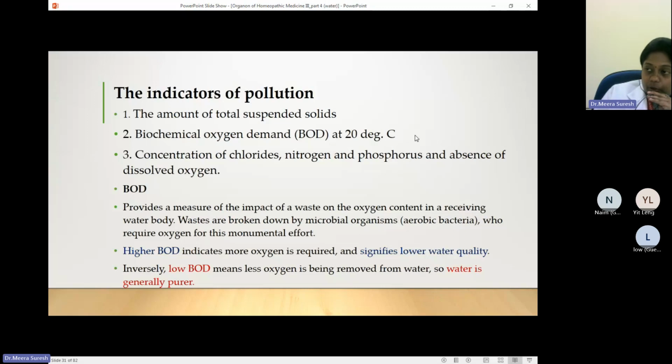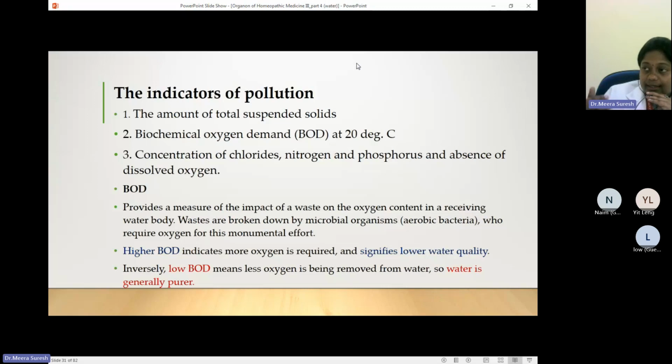But if I say BOD in a particular river is 10 or 5 or even 1, it indicates that the water is of good quality, because not much pollution has taken place, because the oxygen level is being retained. If BOD is only 1, that means 99 percent of the oxygen is still remaining in the water, which means the aerobic bacteria didn't have to break down much waste, which means the pollution is very low. That is how we connect biochemical oxygen demand to pollution.